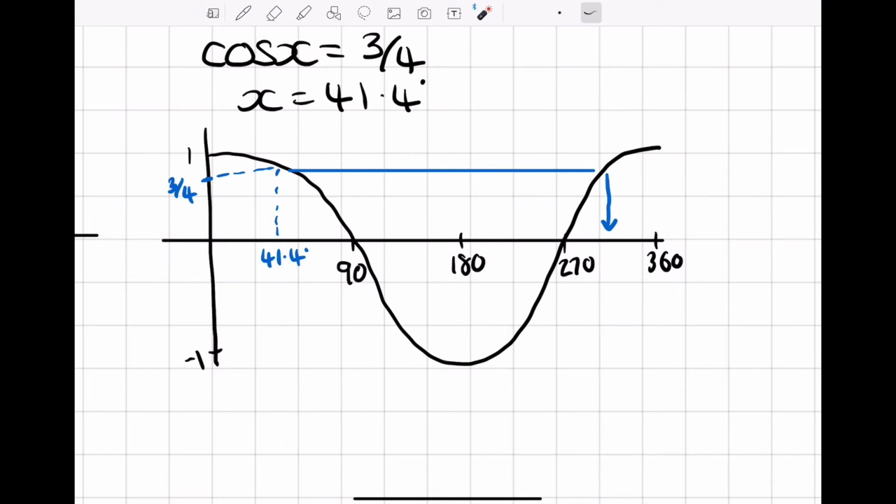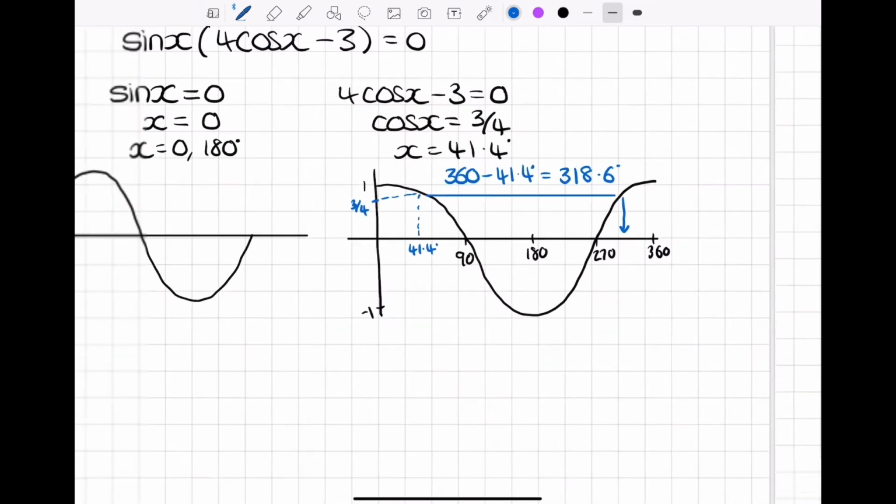And to show you this part, if I go from 0 up to 41, that is that part of the curve just coming down from the top. So the similar part of the curve just coming down from the top there will be 41.4 degrees in that direction. So I'll have to go from 360 and take away 41.4 degrees. And my solution to that is 318.6.